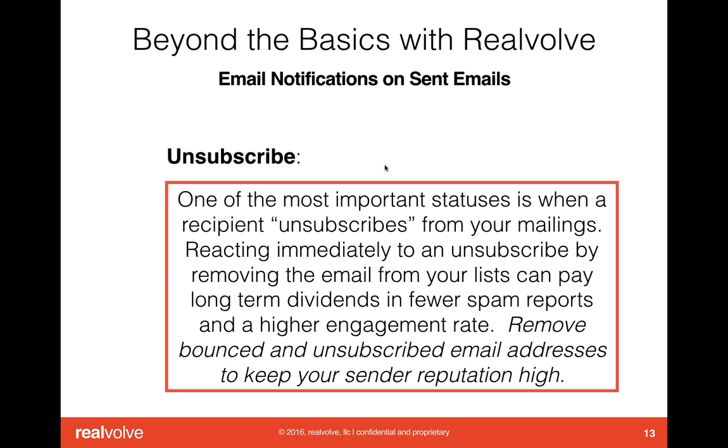The unsubscribe. Now, we just recently added the unsubscribe feature. There are two different types of emails that go out. There is marketing email and there is transactional email. And the way we have it set up is whenever you have a marketing email, at the bottom of that email, it will automatically add a link on there that lets that person unsubscribe. And you want that.